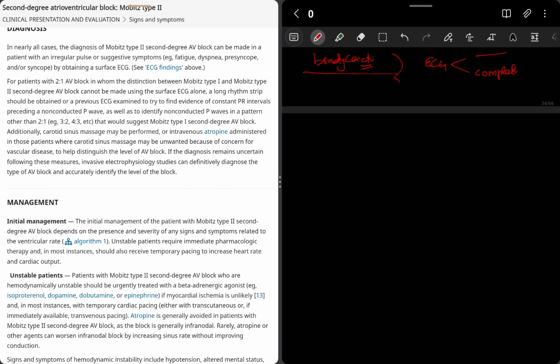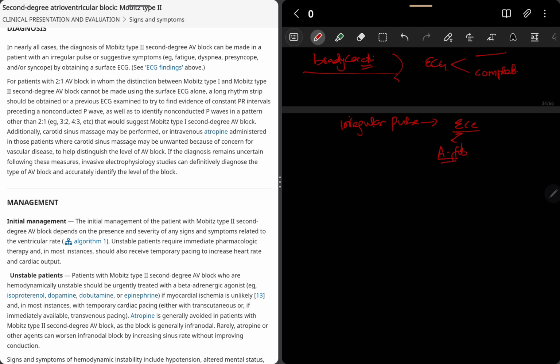So, in nearly all cases, the diagnosis of Mobitz type 2 second degree AV block can be made in a patient with irregular pulse. You will see an irregular pulse and you immediately need to do ECG. This could also be AFib.